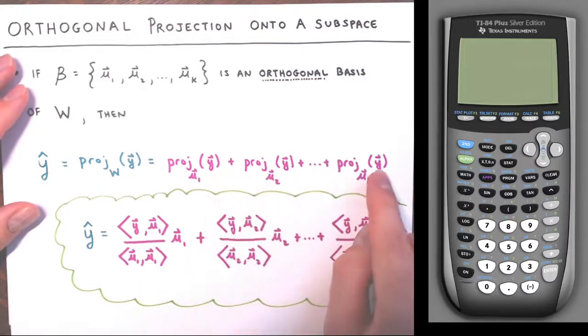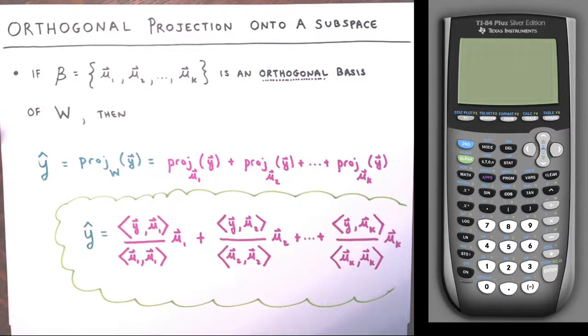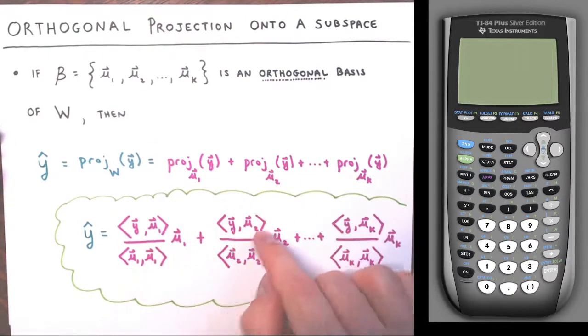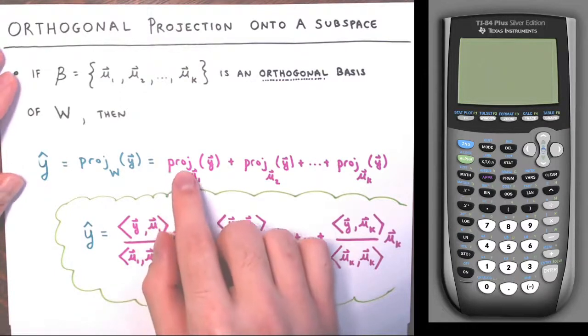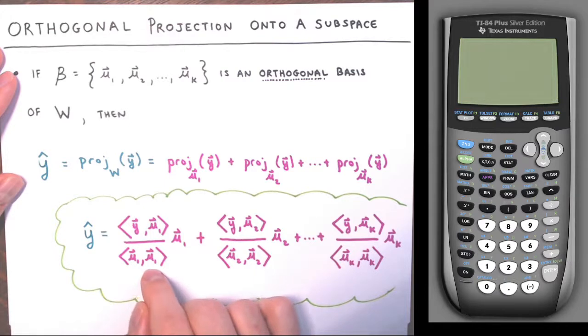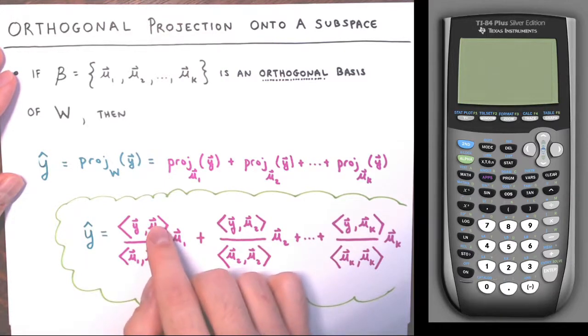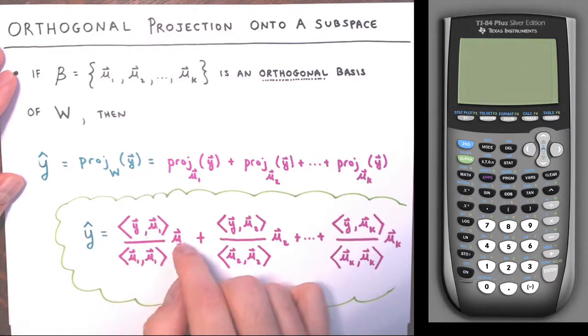It's the sum of the projections of Y onto each of these orthogonal basis vectors. And if you recall, again from an earlier video, the formula for the projection of one vector onto another involved a lot of inner products. So the projection of Y onto u1, remember it was the inner product of Y with u1 divided by the inner product of u1 with itself times u1. Again, notice that the vector you're projecting onto shows up a lot. Shows up 4 times in this little formula.